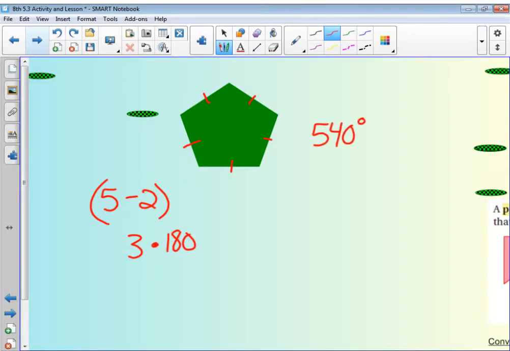The other thing we want to identify is whether this is a concave or a convex polygon. When we look at each of the corners, they're all pointing out. None of them are caving in, so this would be a convex. As soon as you have one of your sides cave in, then it's considered concave.